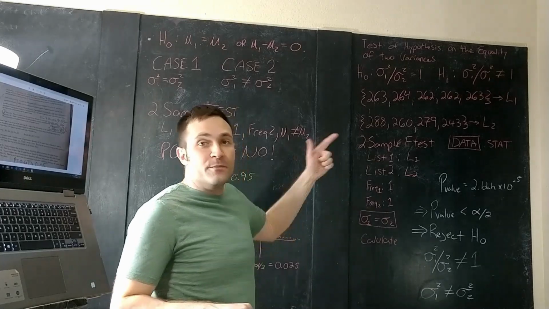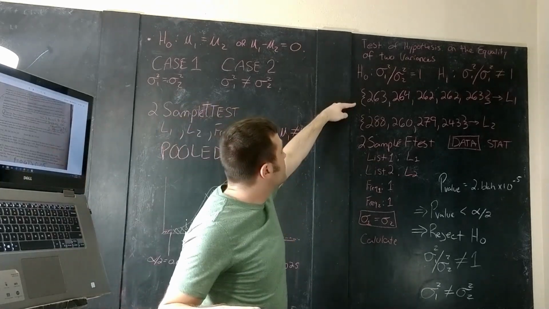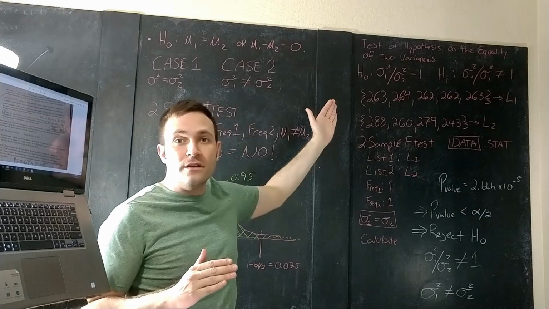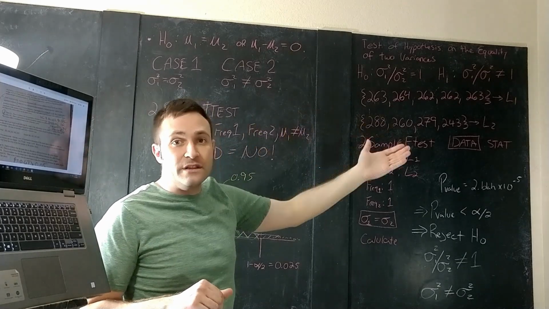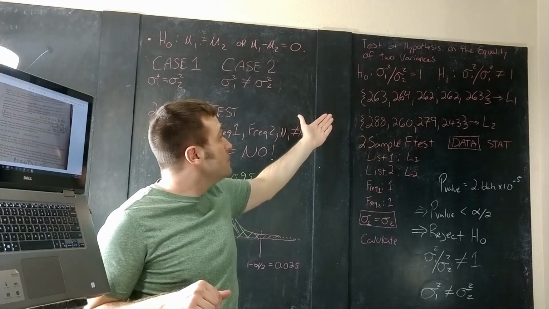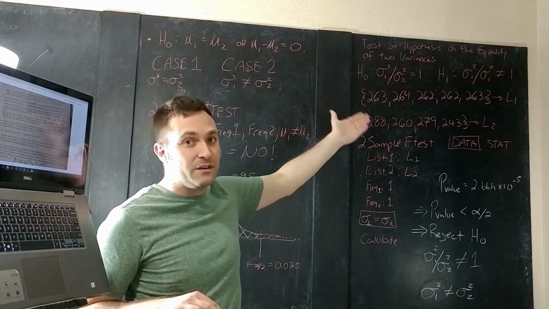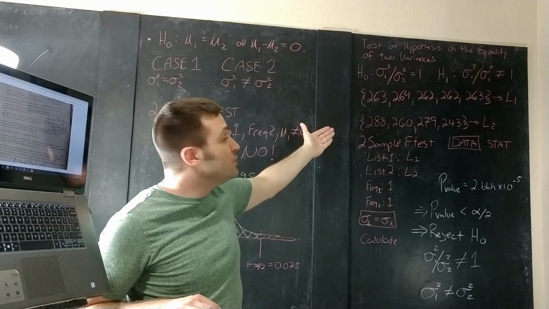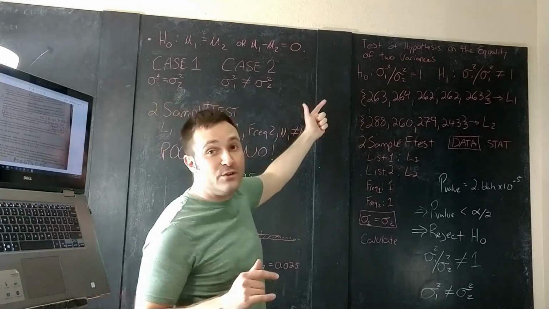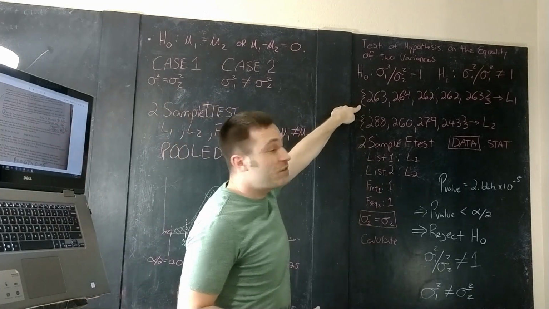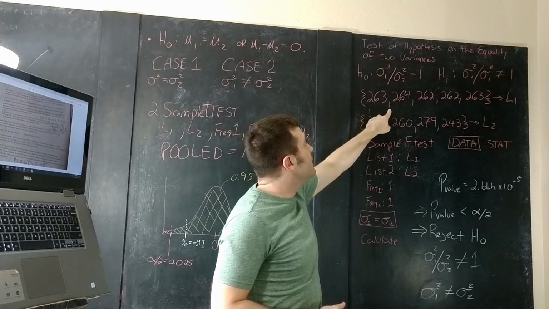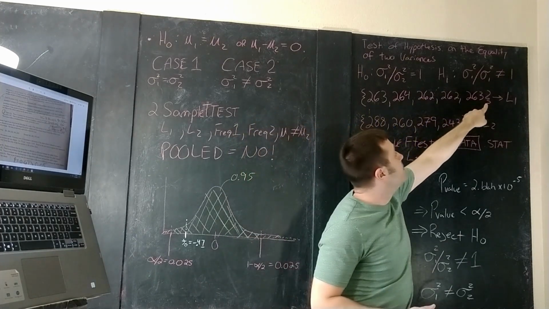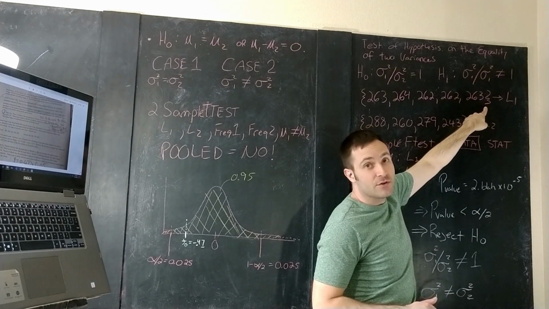So what I'm going to type into my calculator is literally, I'm going to enter each one of my sample sets into lists. The population 1 sample set is going to go into list 1, and the population 2 sample set is going to go into list 2. The way that I do that is I type an open curly brace, and then each value of my sample separated by a comma, and then a closed curly brace.